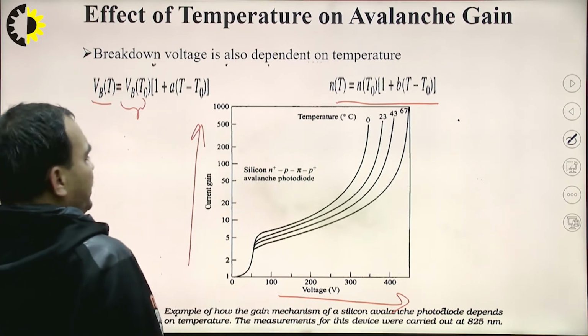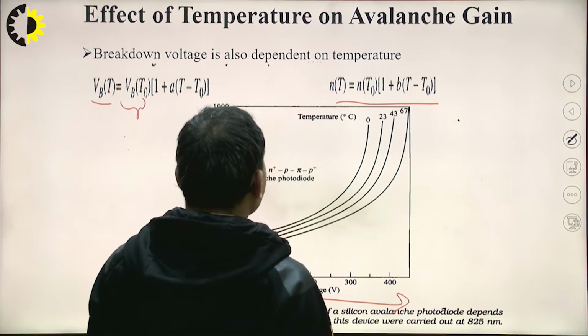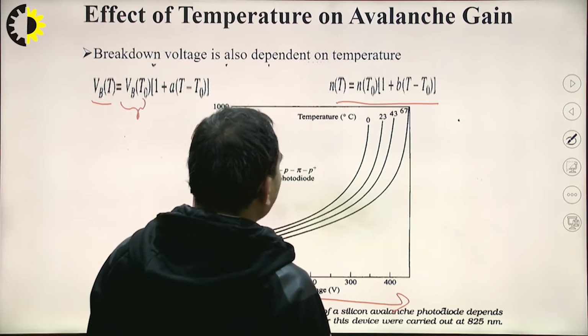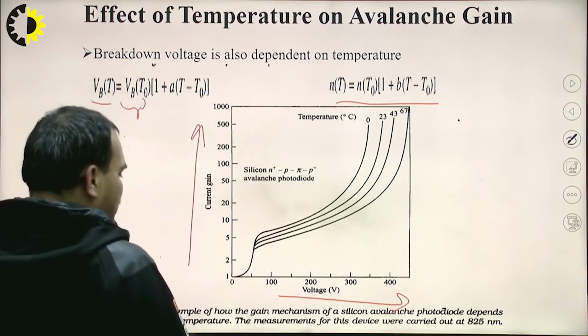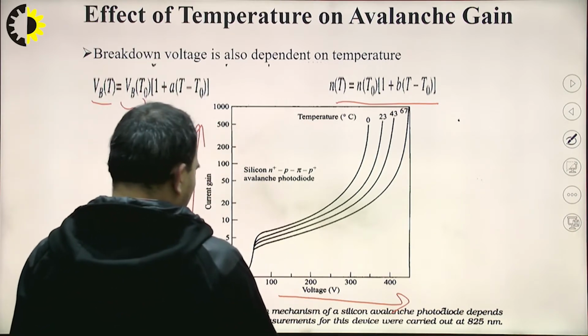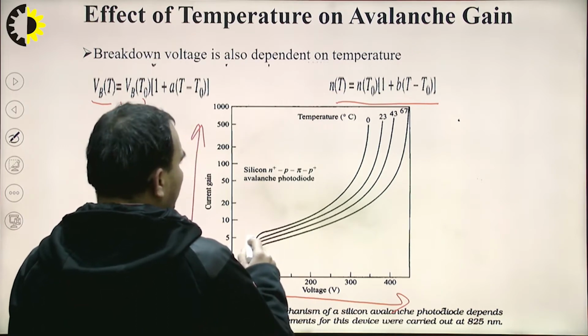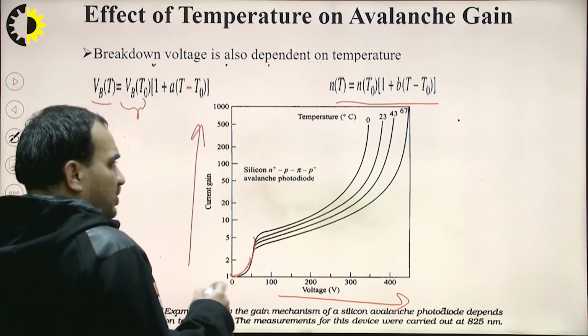We have a silicon N plus P pi P plus avalanche photodiode. As we can see in the figure, from 0 to 50 volts there is no change, and all curves behave the same irrespective of temperature.